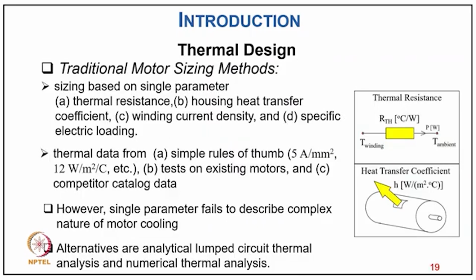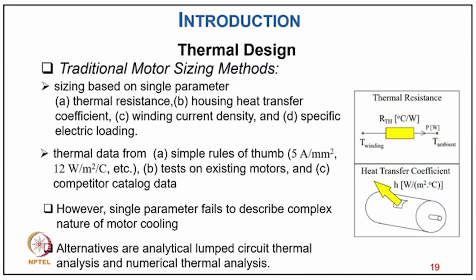But how can we do a thermal design? In the traditional motor sizing method, the sizing is based on a single parameter like thermal resistance, housing heat transfer coefficient, winding current density and specific electric loading, followed by thermal data from simple rules of thumb with current density and flux density, and tests on existing motors and computer catalog data.